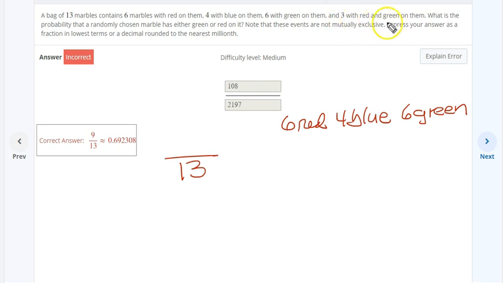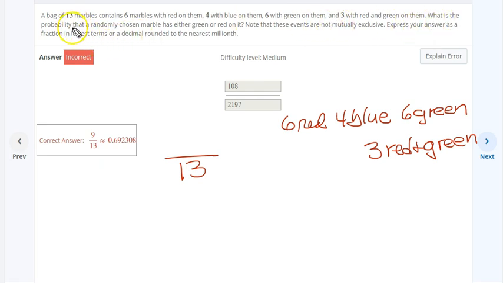And there's 3 with red and green on them. 3 red and green. How about an N here? There we go. Now, what are they asking?